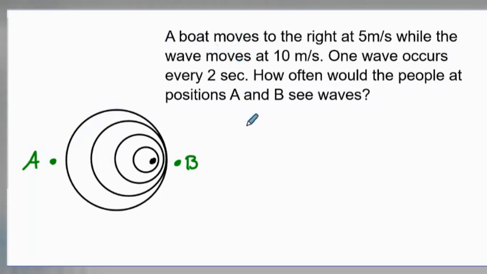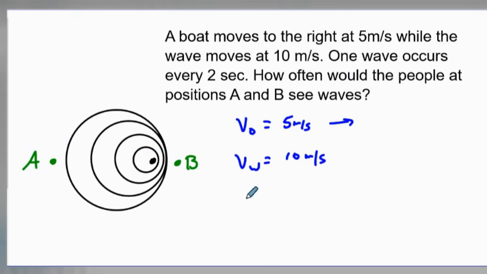So we have a boat, and the boat is our object, and it's moving at 5 meters per second to the right. We have our wave, and our wave is moving at 10 meters per second. And remember, the wave is moving outward, in every direction in our lake.